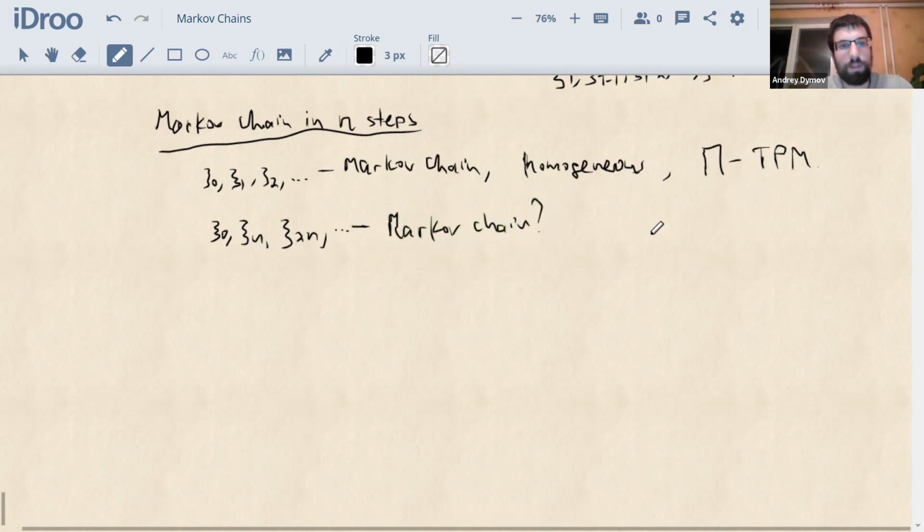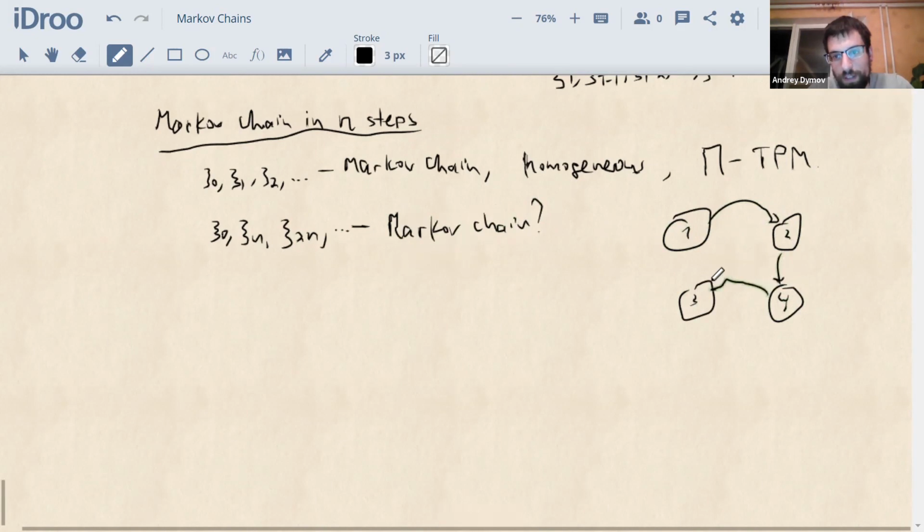So what does it mean? I have my frog which jumps from one position, from one state to another with some probabilities in this Markov chain. For example, it jumps each second. But I don't want to look at my frog each second.